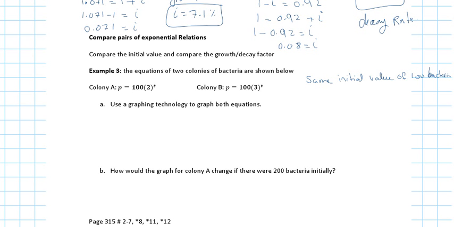One's tripling and the other one is doubling, right? Colony A is doubling, colony B is tripling, right? So they don't have the same growth factor. So that's a growth factor, right? Not a growth rate. That's right.